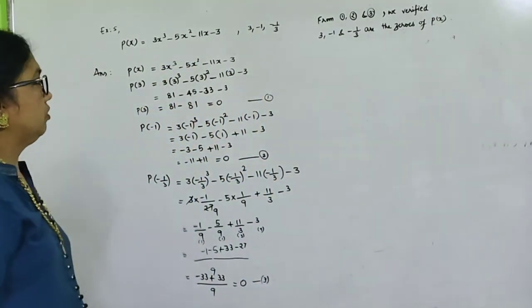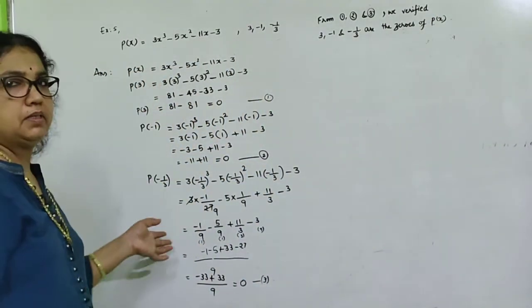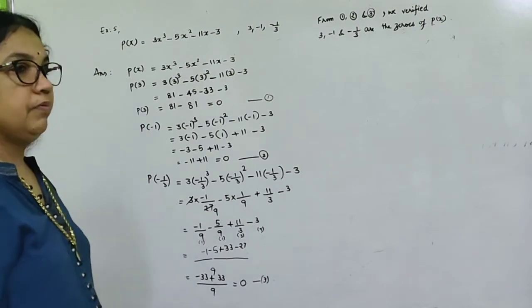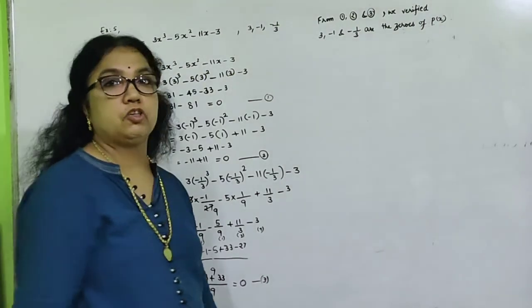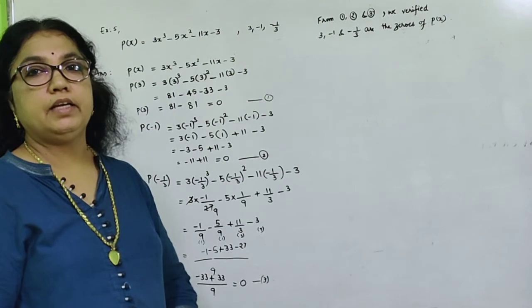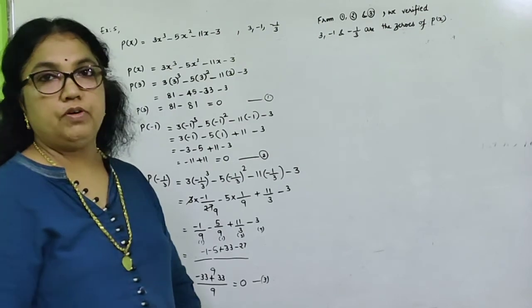So understood now how it is proved? By simple substitution only. Now we have to verify the relationship between zeros and coefficients of P of x.